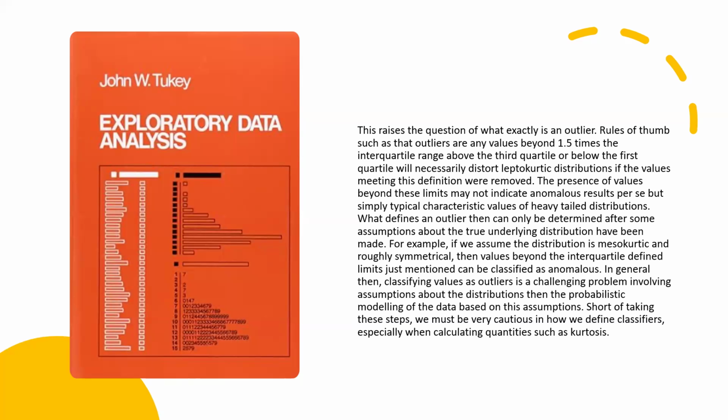Okay, so you've probably heard of Tukey. John Tukey did a lot of work with statistics. This is his 1977 book, and this is actually information directly from his book where he talks about what an outlier is. In this, he gives the rule of thumb, so that concept of rule of thumb has gone way back. He says that an outlier is any value that is beyond 1.5 times the interquartile range above the third quartile or below the first quartile.